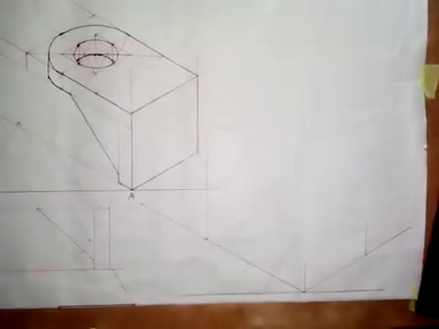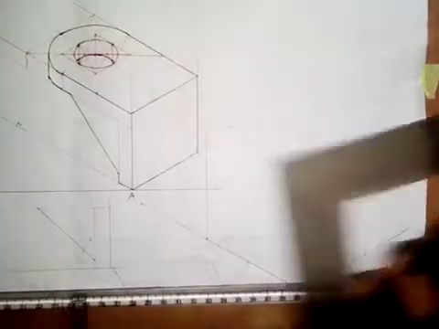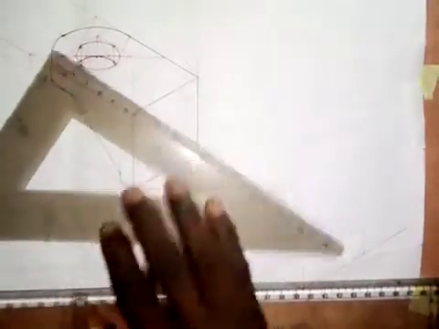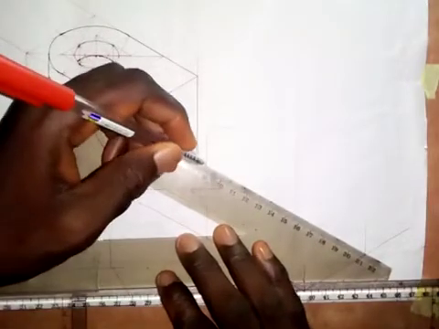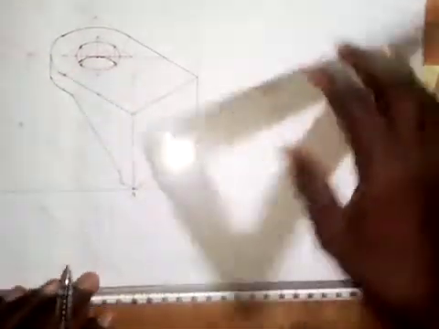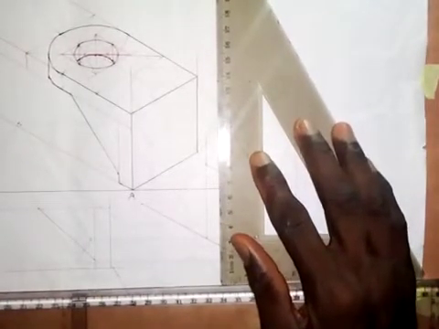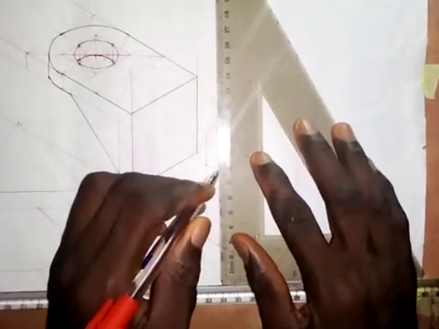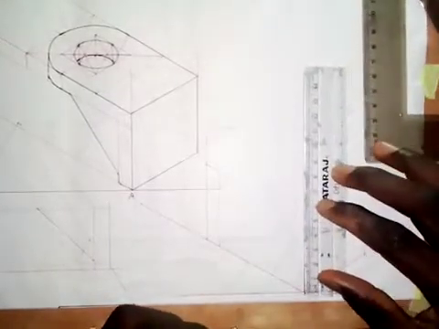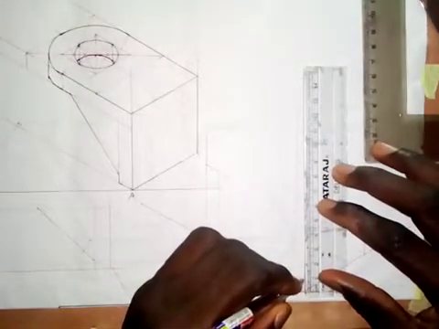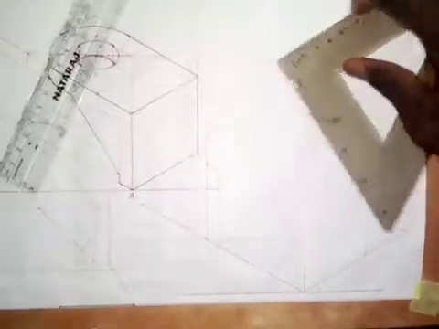First of all, I'm going to draw this line coming here like this. Then I will draw a vertical line from this point like this. The thickness here also is 10 millimeters, so I'm going to take 10 millimeters from here to here. I will need to transfer this.